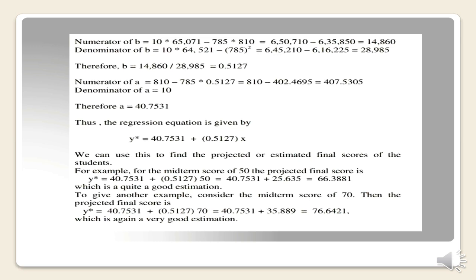Therefore, A is 40, 75 and the equation is given by y is 40, 75 and 30 plus 51 and 27x.